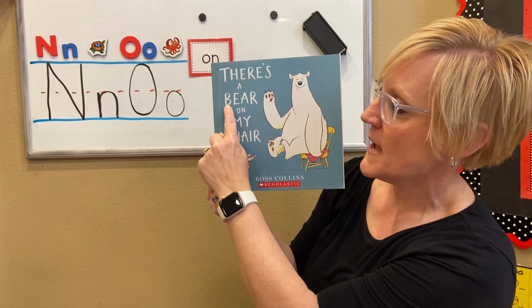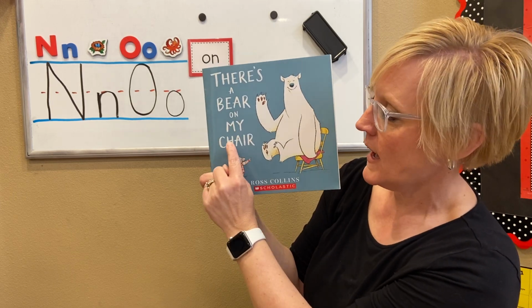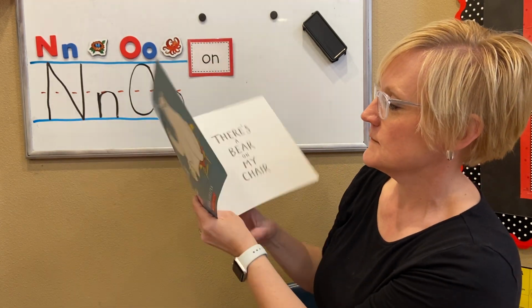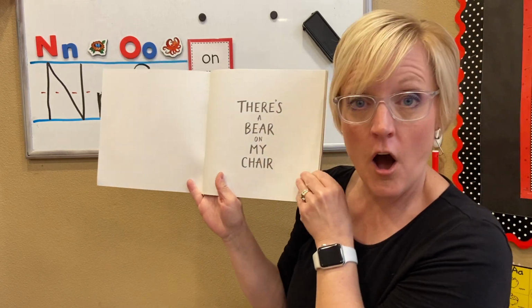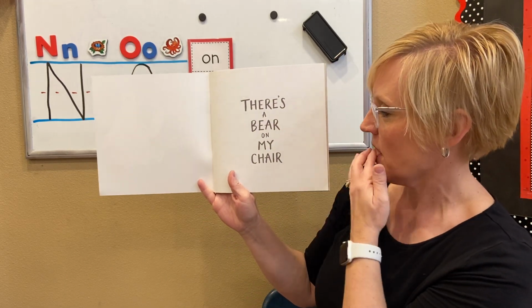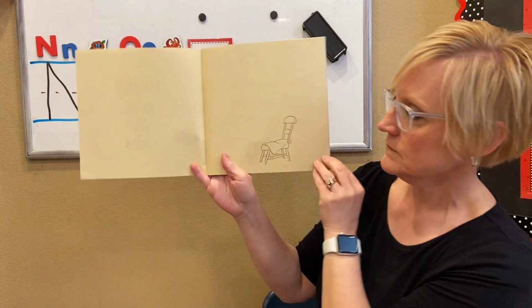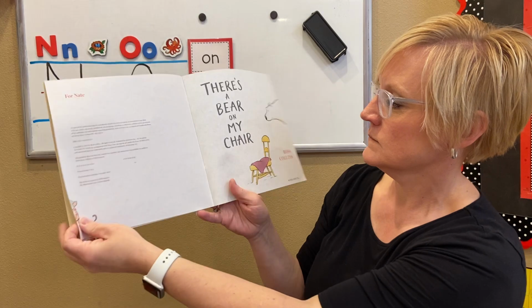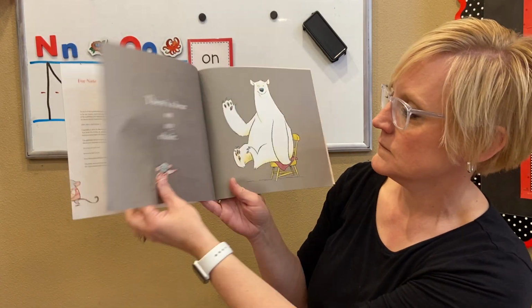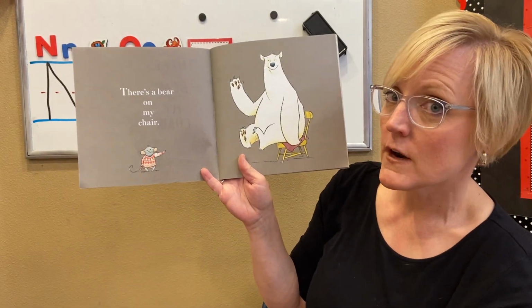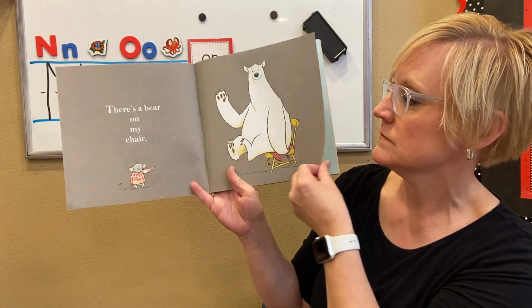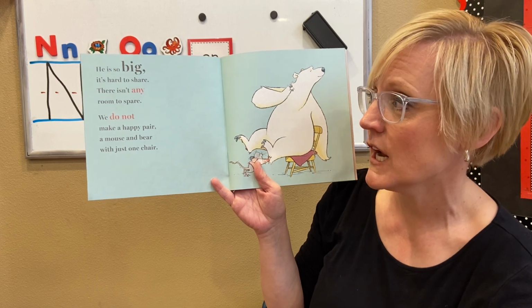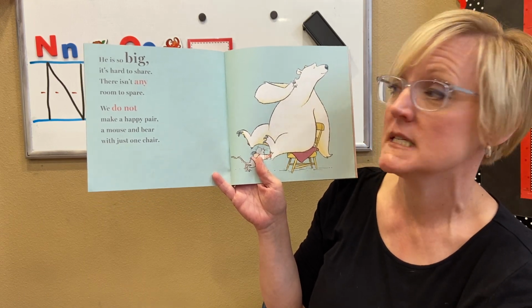There's a Bear on My Chair by Ross Collins. There's a bear on my chair. He is so big, it's hard to share. There isn't any room to spare.